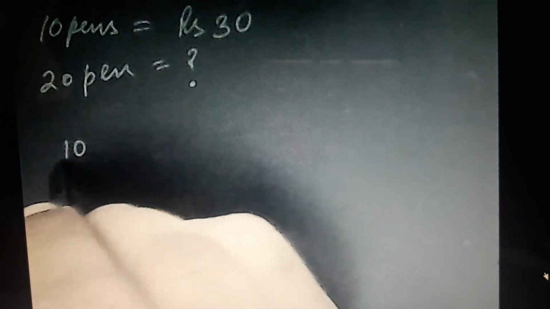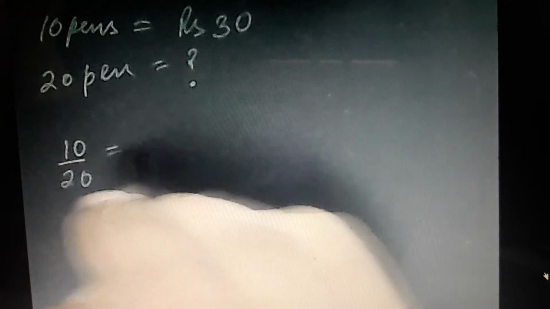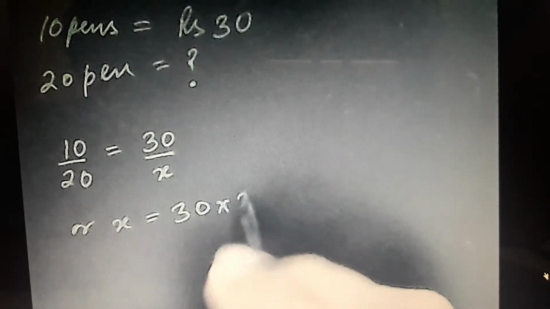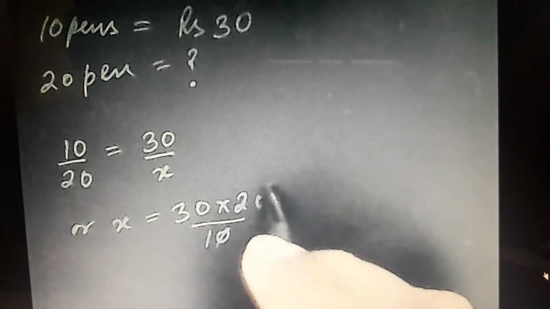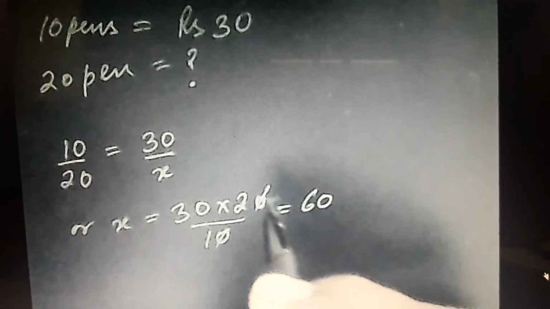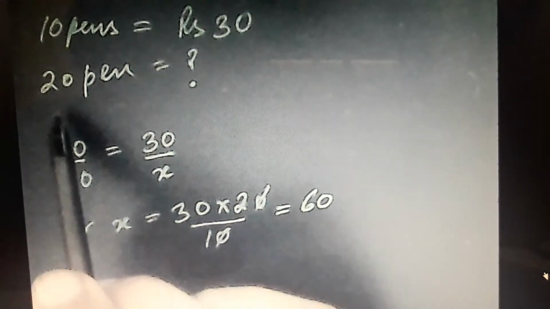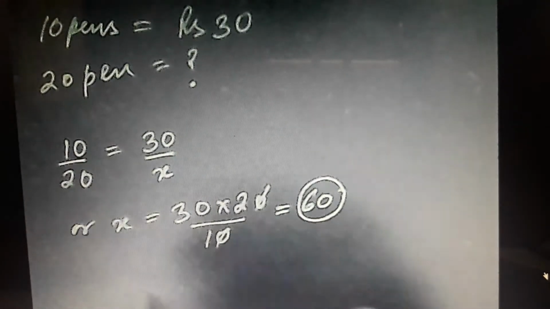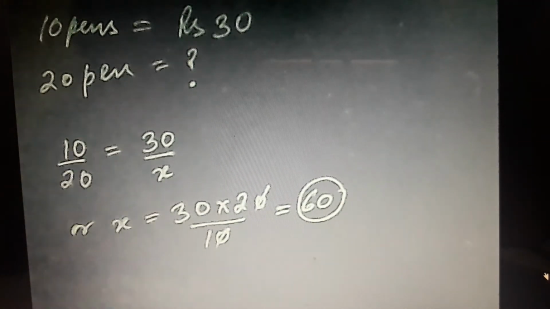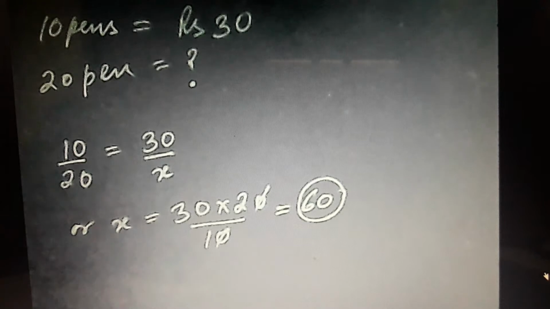How can we solve these kinds of questions? Just put them in a ratio, 10 is to 20 equals 30 upon x. Now take a cross multiplication, so x equals 30 into 20 upon 10, and this leads to 60. That means if the cost of 10 pens is rupees 30, then the cost of 20 pens will be rupees 60.